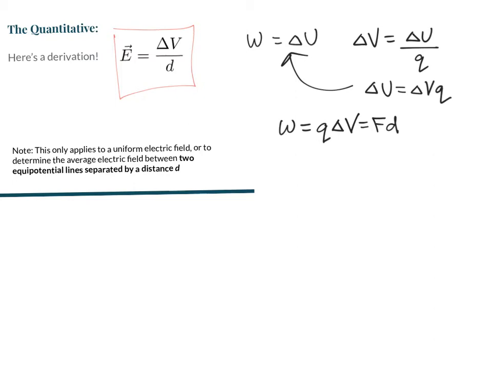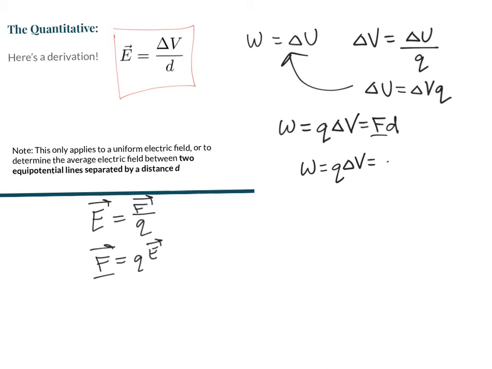And the force of an electric field on a particle is given by the equation E equals the ratio of force to charge, which says force is equal to QE. So we're going to plug that in for force over here to get work equals Q delta V, which is also equal to Q times electric field times D, QED.